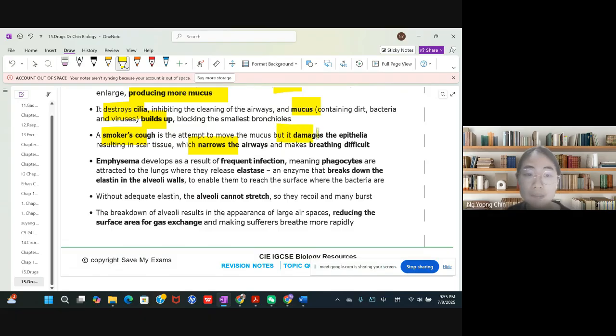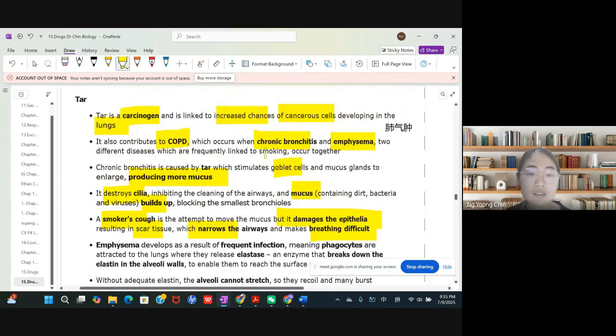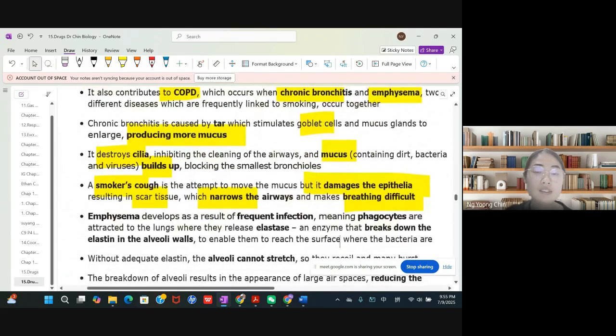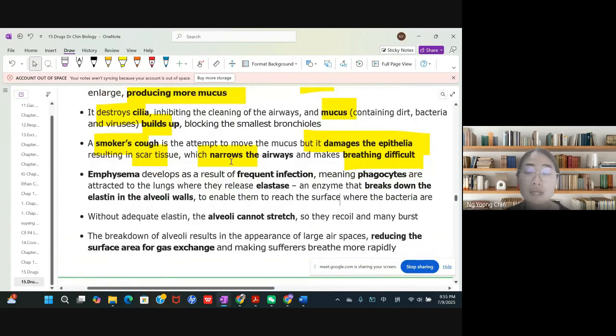It damages the epithelia, resulting in scar tissue, narrows the airway, and makes breathing difficult. This is the consequence: if you smoke a lot, tar irritates the respiratory airways and causes mucus to build up, and the cilia are destroyed. Slowly the airway becomes narrow, and breathing becomes very difficult.